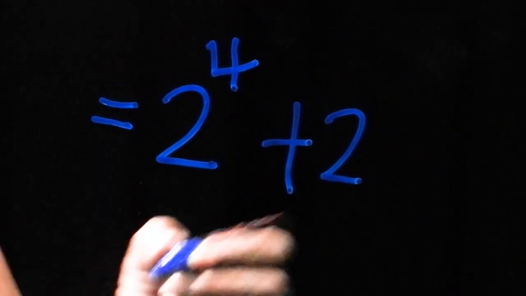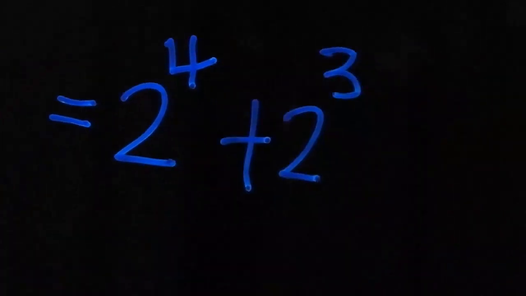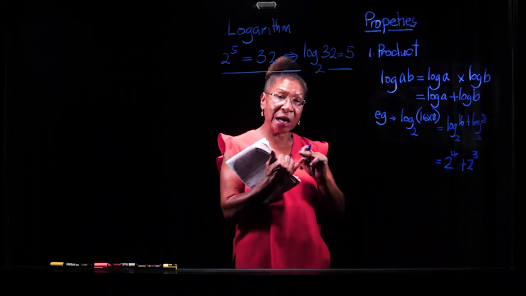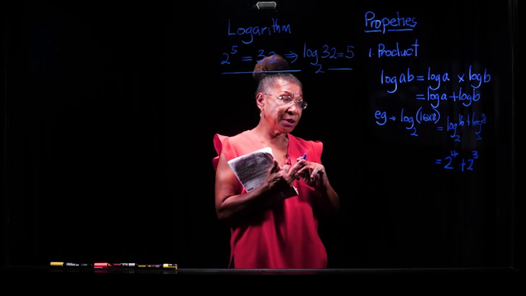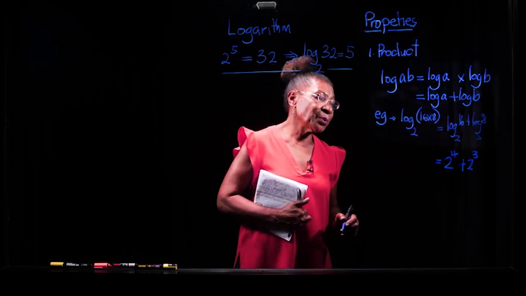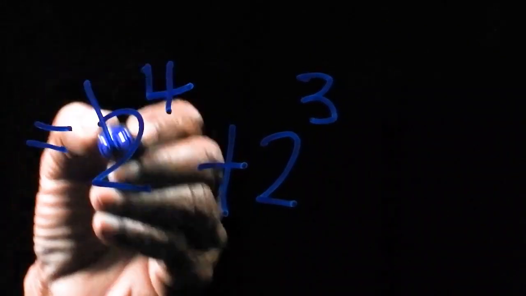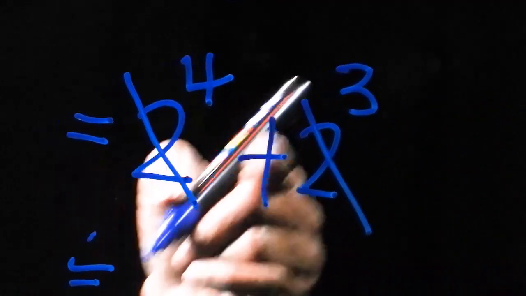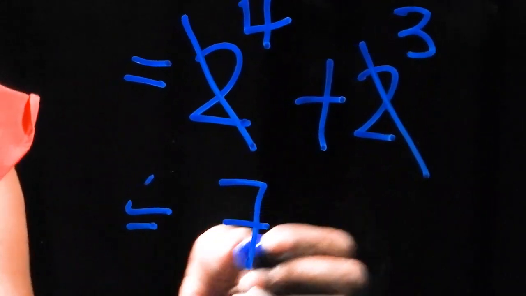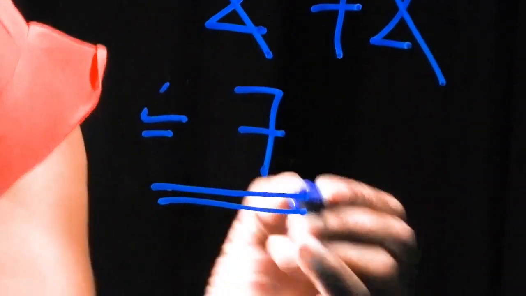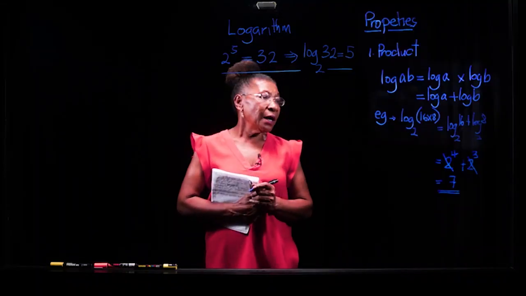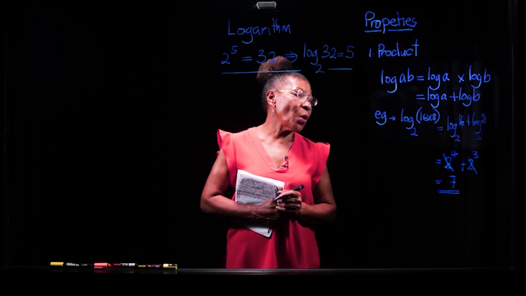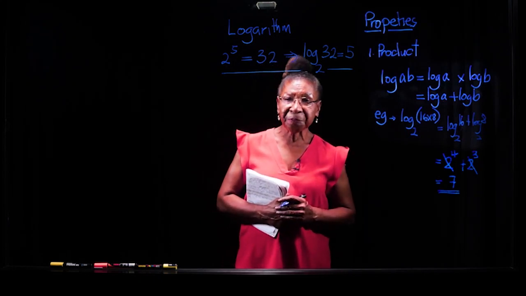The answer is 3. So that would give me 2 times 2 is 4, times 2 is 8. 8 is the product. We then simplify, that goes off and that goes off, and the sum of 4 and 3 gives you 7. That gives us our product property number 1 and its example.